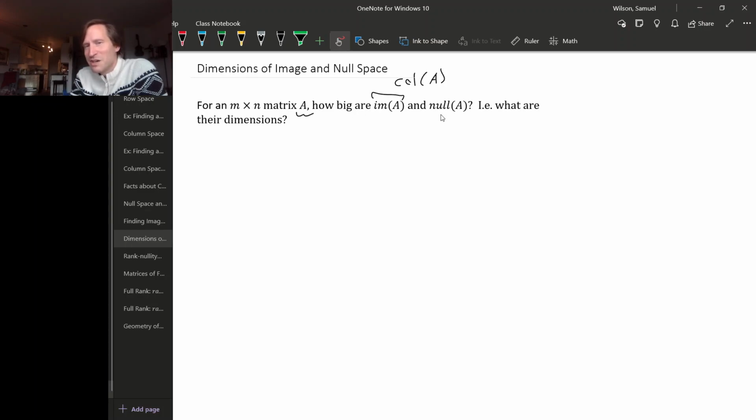But we can also find, as we just saw, a basis for the null space by doing a row reduction, so we can also find the dimension of the null space by doing a row reduction. So let's imagine that we have this matrix A, and we do a row reduction all the way to reduced row echelon form.